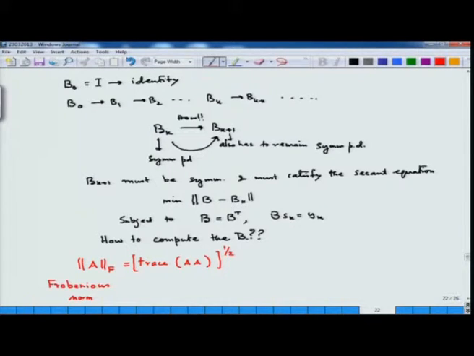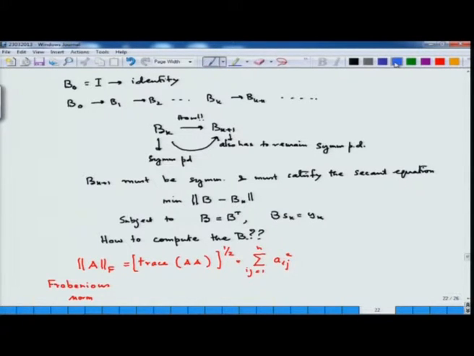Now, of course, this simply means that you can just write it down. If you have an n cross n matrix, you can write this as a summation, if all the elements of these are Aij, so you can write them as Aij square, where i and j are varying from 1 to n.